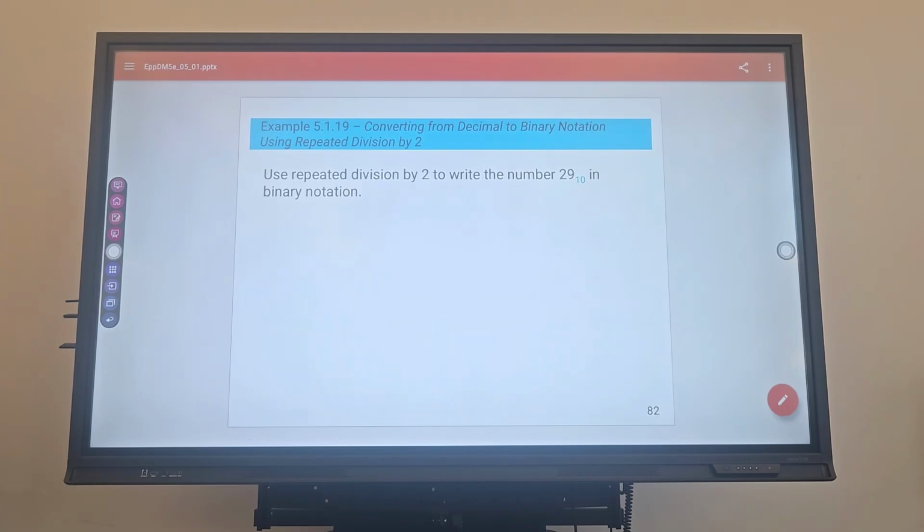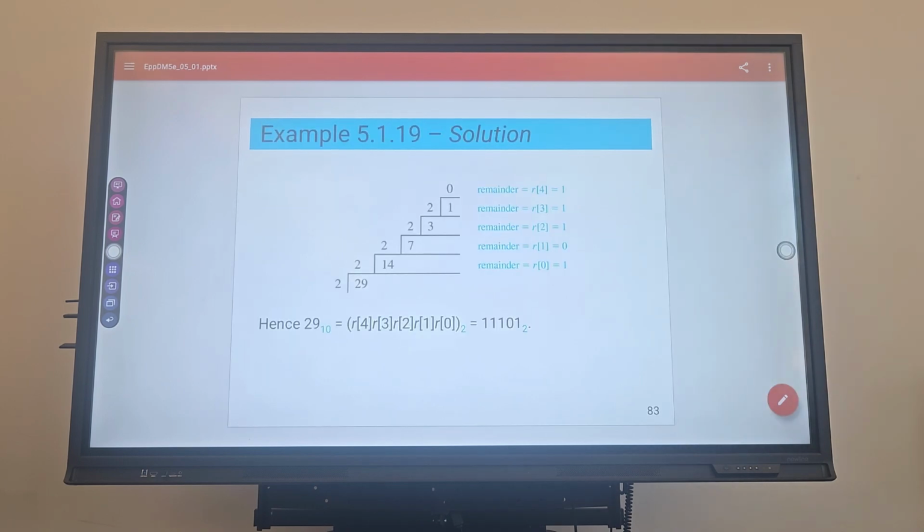So do the process for 29. Repeated division gives these, and the remainders lined up in reverse order give you 11101.